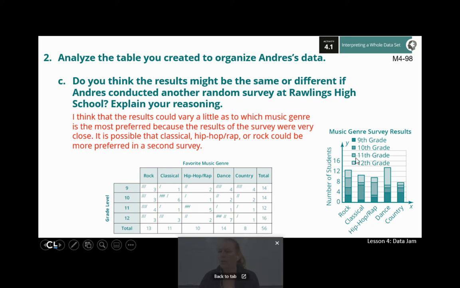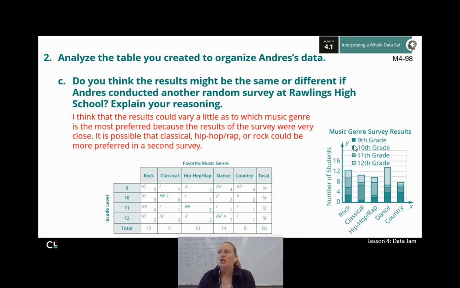These numbers are all pretty close. It's not like I got 20-something and then 5. So I do think another random survey might shift the data a little bit. It's possible that one of the others, like rock, could overtake dance and become the most popular, even though it's only the second most popular here. So a different survey could change our results a bit. Absolutely, they're kind of close.